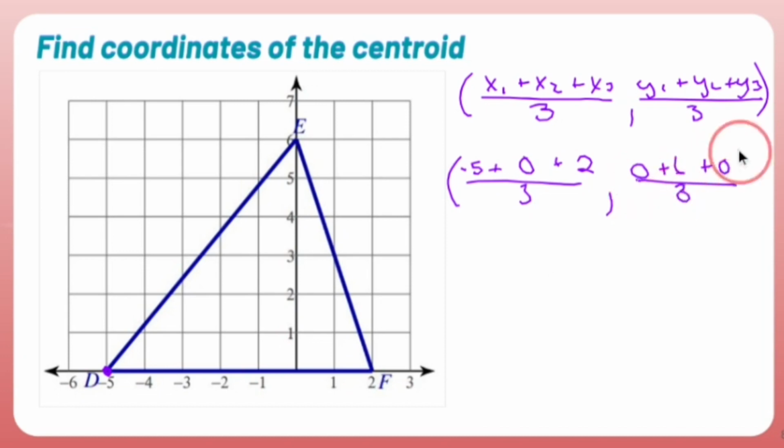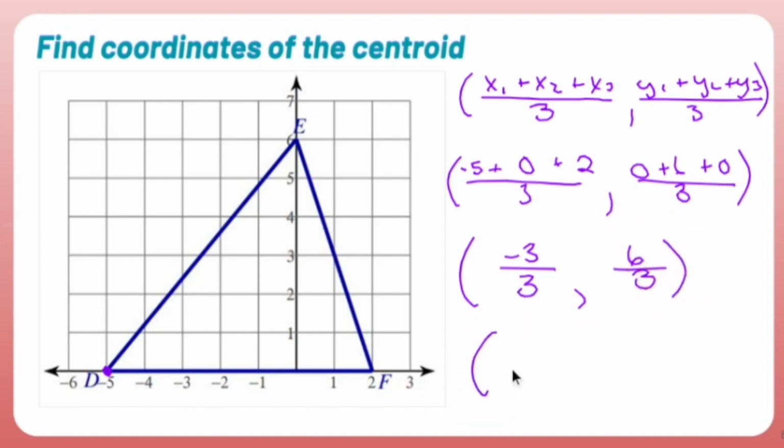Divided by 3. Negative 5 plus 0 plus 2 is negative 3 over 3. 0 plus 6 plus 0 is 6, 6 over 3. Negative 3 divided by 3 is negative 1. 6 divided by 3 is 2. And that's my answer. So (negative 1, 2).